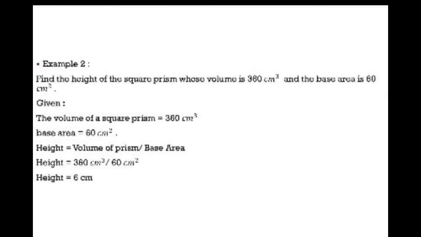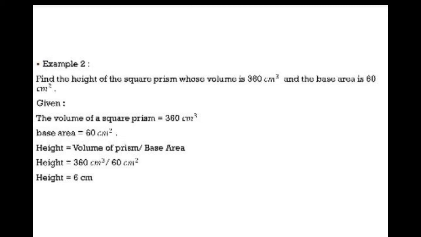So let's take another example. Find the height of the square prism whose volume is 360 cm cube and the base area is 60 cm square. So what we are looking for here is the height. The volume of the square prism is equal to 360 cm cube and the base area is 60 cm square.